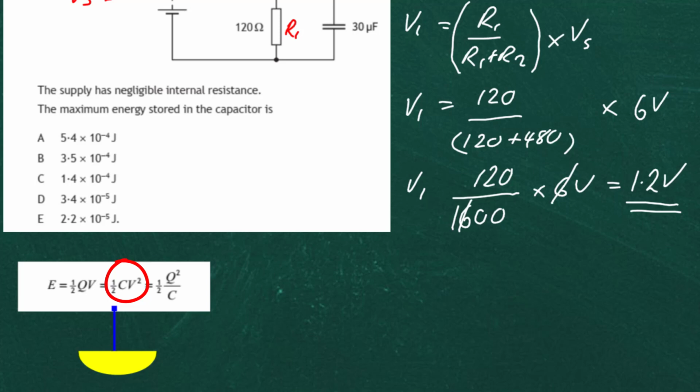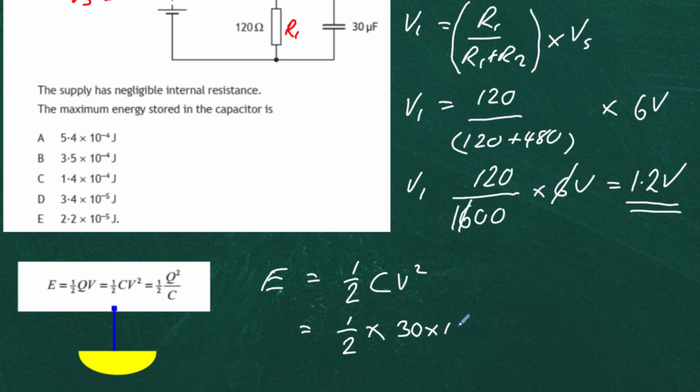So all we have to do is plug in the numbers. E is going to equal 1/2 CV squared, which is equal to 1/2 times the value of the capacitance, which we know is 30 microfarads, and we'll write that as 30 times 10 to the minus 6, multiplied by 1.2 squared, and that's going to give us a value for the energy.